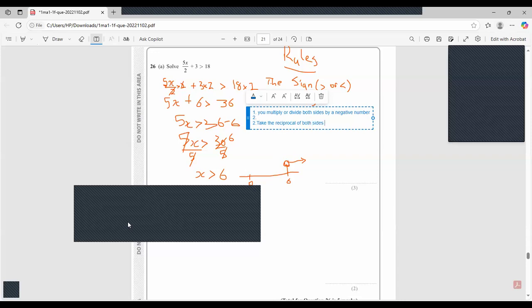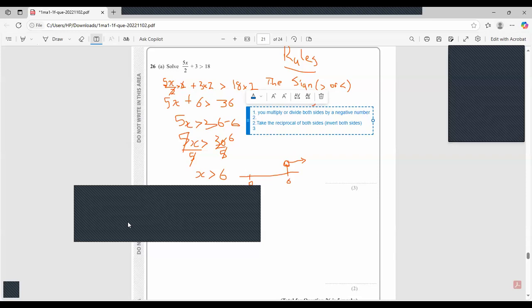Okay, in brackets, invert both sides. And that just simply means making the denominator the numerator and making the numerator the denominator. That's what taking the reciprocal of both sides means.